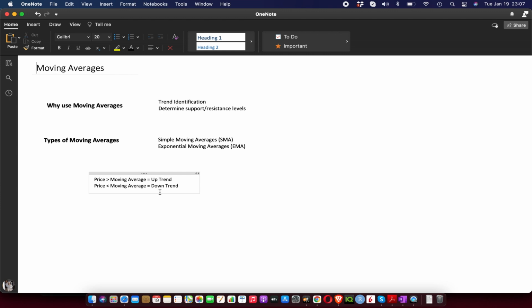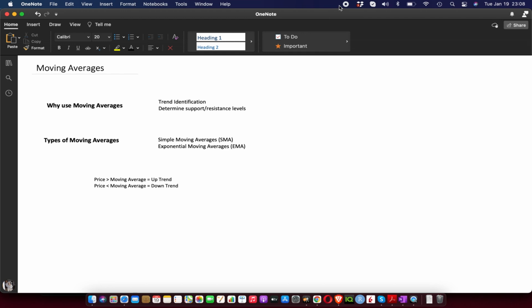Also keep in mind that exponential moving averages will react quicker to price changes than simple moving averages. This is just a theoretical explanation of what moving averages are and why we use them. In the next video, I will show you an example. We will pull up a stock chart of a company and go over some of this.